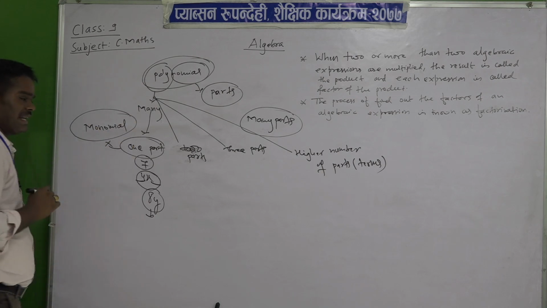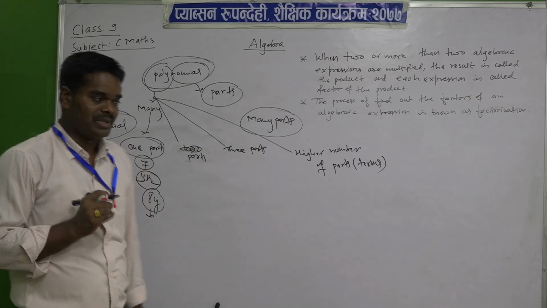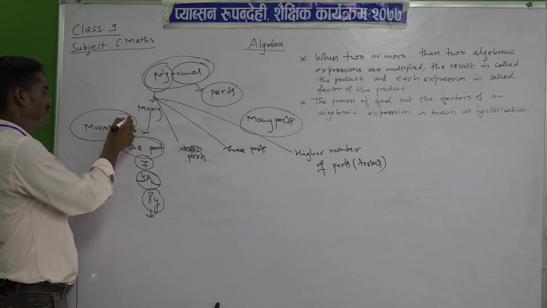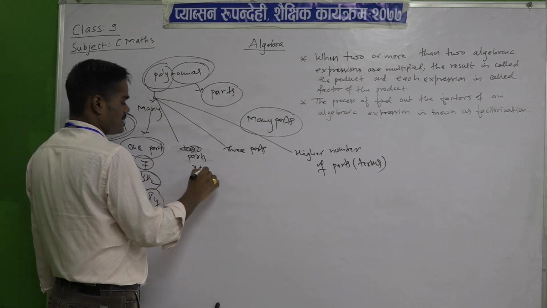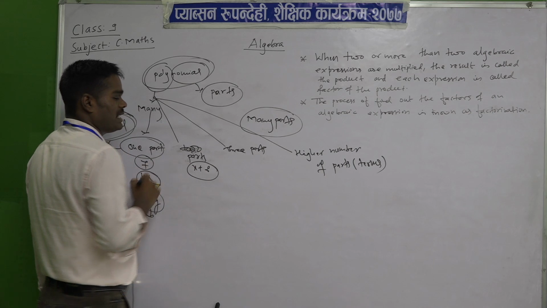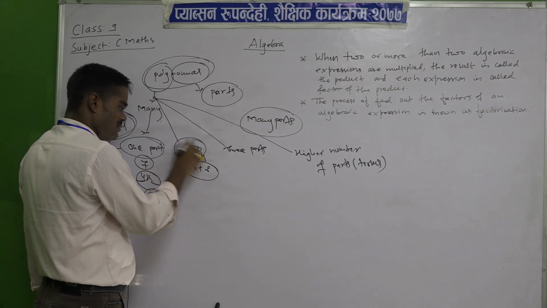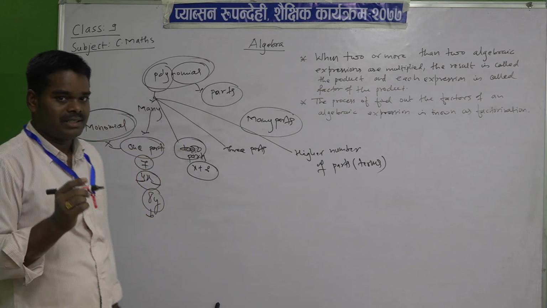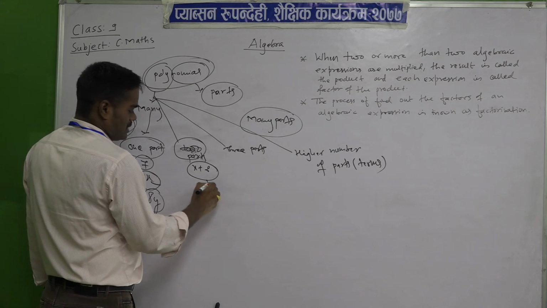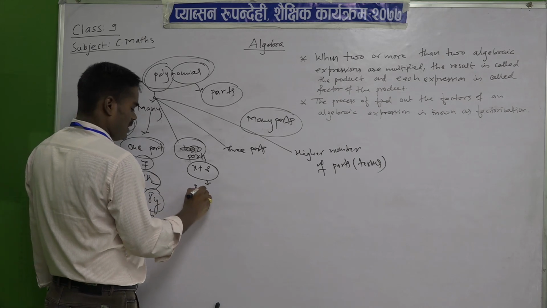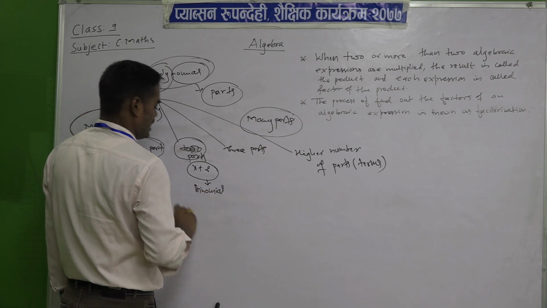If in any expression there is only one part, only one term, that is known as a monomial expression. Like here, x plus 2. How many terms are here? Two terms. If in any expression there are two terms, then this is known as a binomial expression.